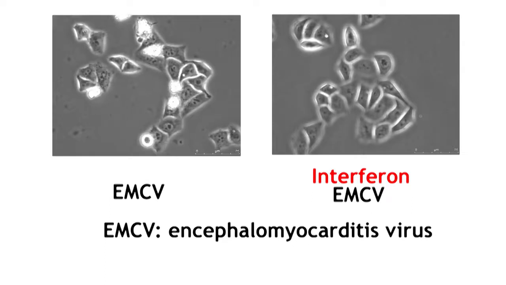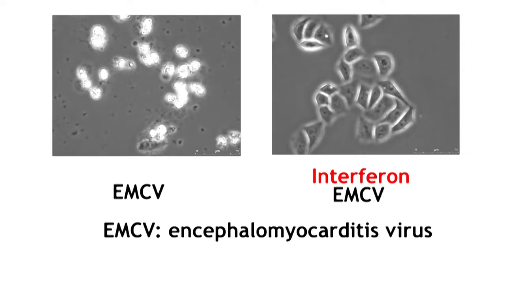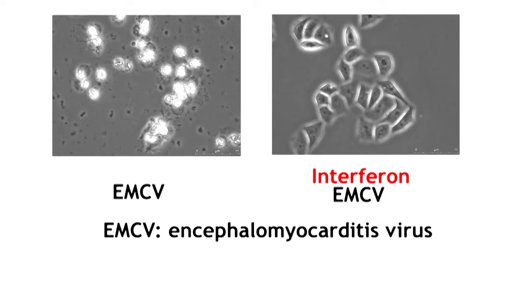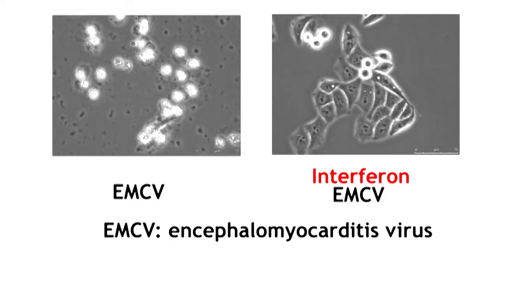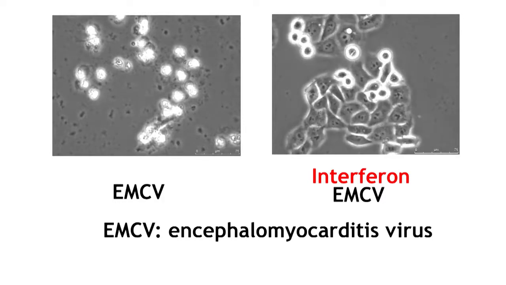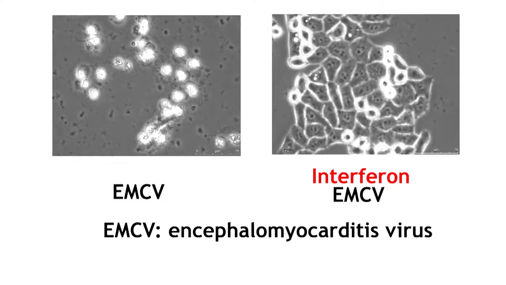Here are two videos of virus-infected cells. HeLa cells are infected with encephalomyocarditis virus, EMCV, for 24 hours. All the cells die within 24 hours. However, if the cells are pretreated with interferon before being infected with EMCV, the cells do not die.